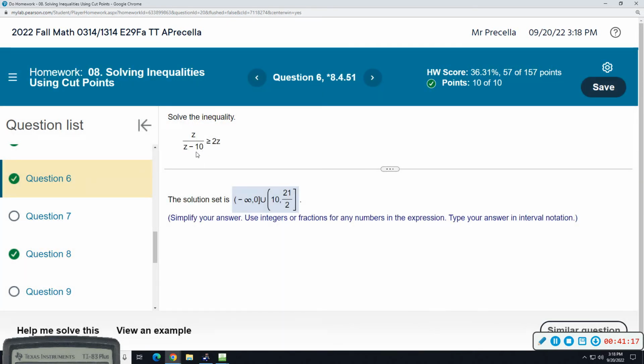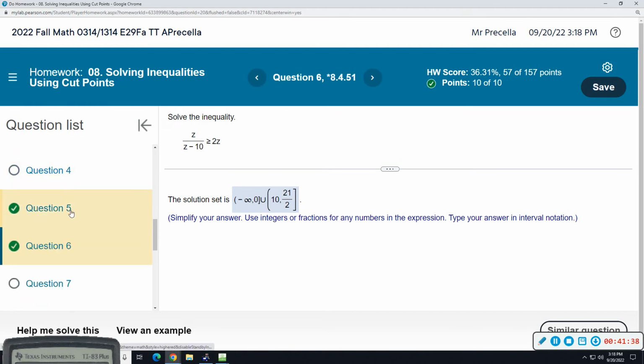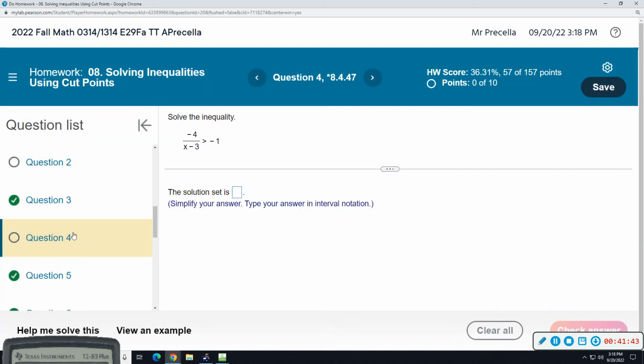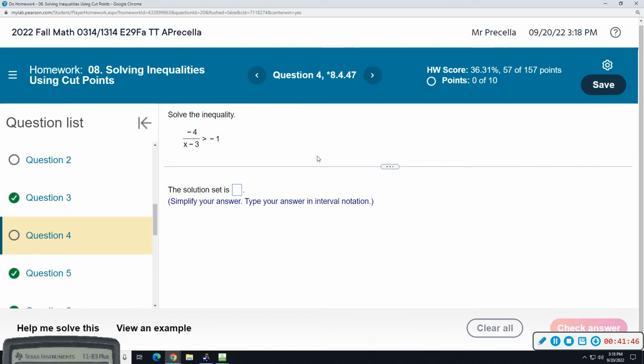Is it like number 8? No, number 6. Yes, but it's a negative number on top and a negative number on the other side. Oh. Well, let's see. I guess the question is, when we were plugging in the 5, we got a positive over. Oh, like this? Yes. Oh, okay, I'll do that one real quickly. I misunderstood. I thought you were talking about when you were testing.